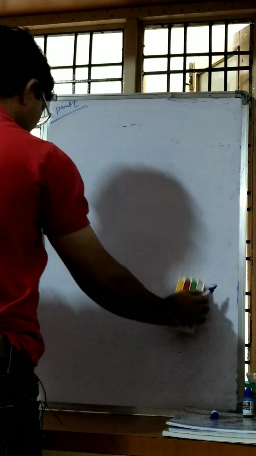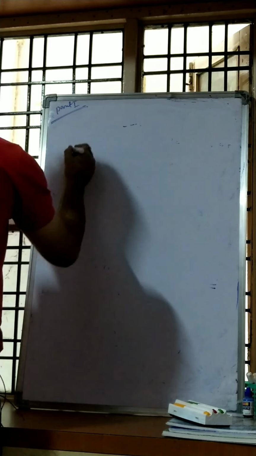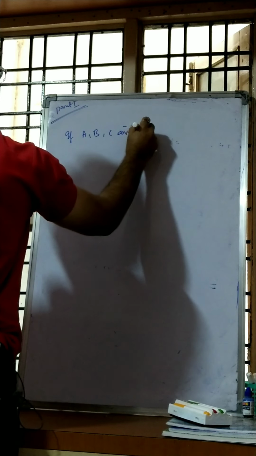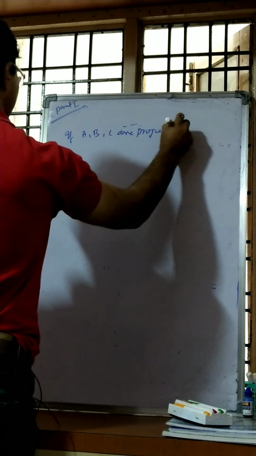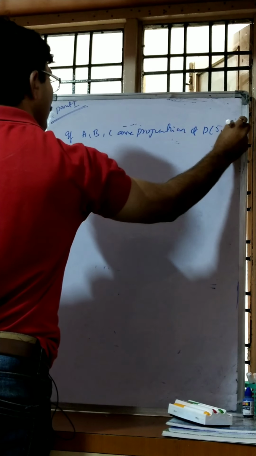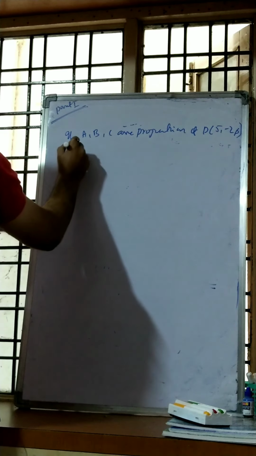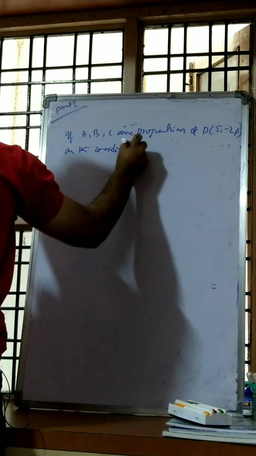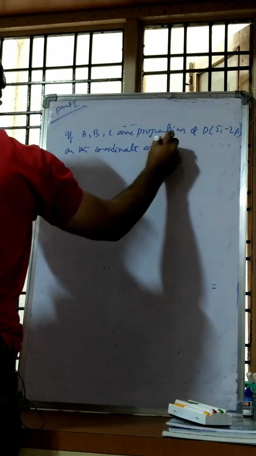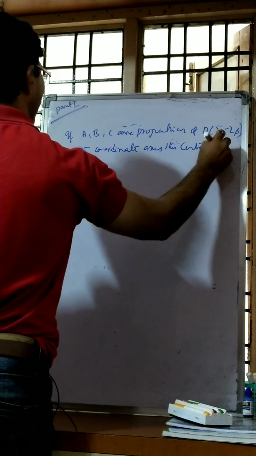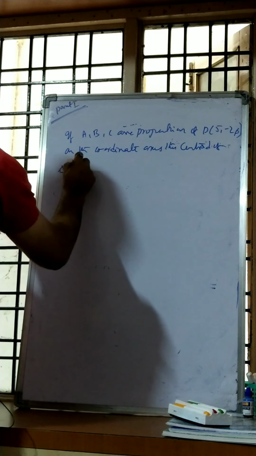Some questions in part 1 we are doing. Now if I asked you that if A, B, C are the projections of P, 5, minus 2, 6 on the coordinate axes, then find the centroid of triangle ABC.